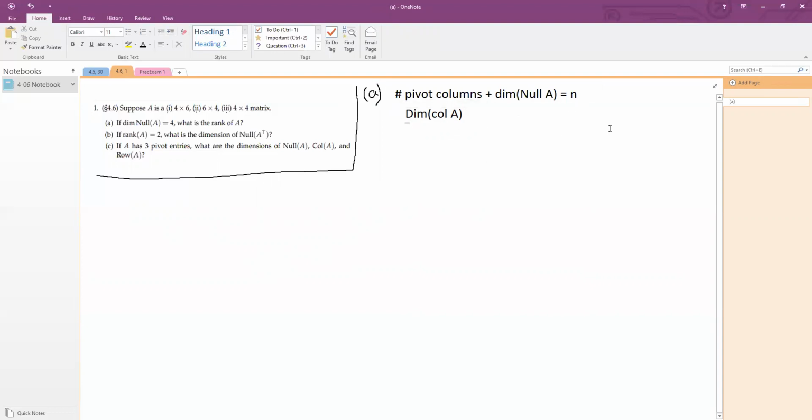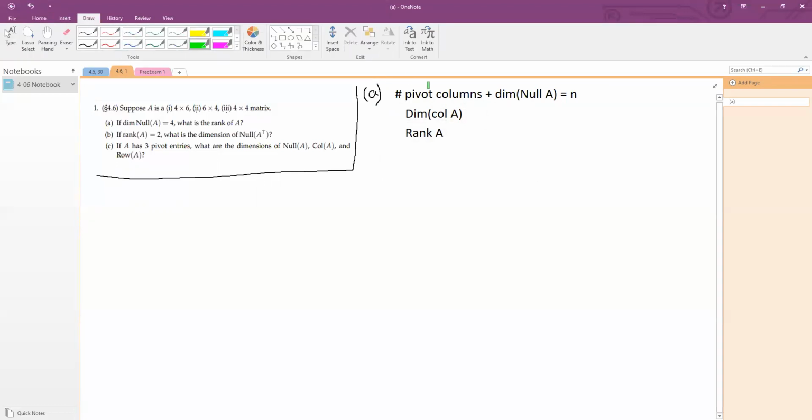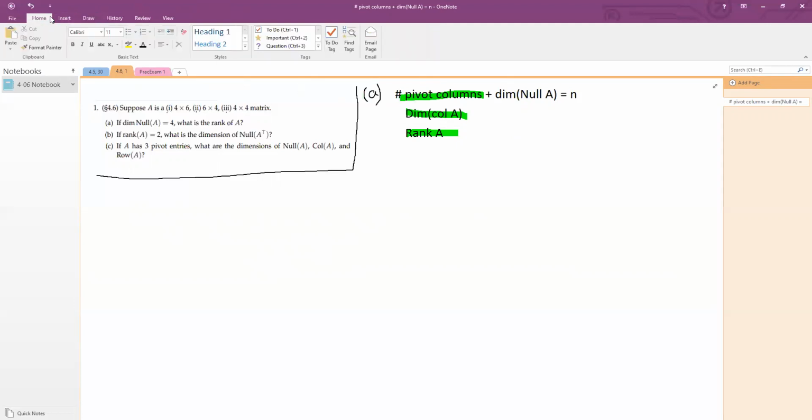We also have yet another name for the dimension of the column space of A, and this is just good for review of what all these concepts are, and that is the rank of A. So all three of these concepts are equivalent. All right, so we want the rank of A, which is the same as the number of pivot columns, and which is also something that we can figure out using our equation.